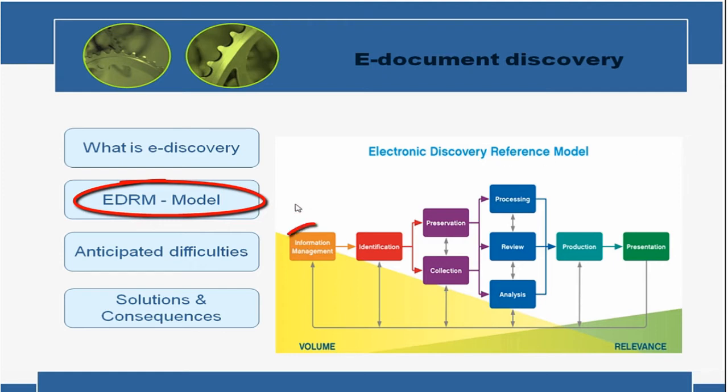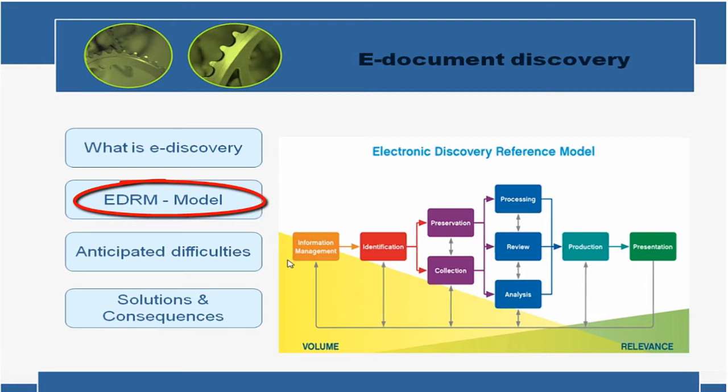So let's see. On the information management stage here, as a lawyer, this is not likely to be where you would start, really. You are hoping that your client is proactive enough to have maintained some kind of information management structure within the organization if you're dealing with a company.